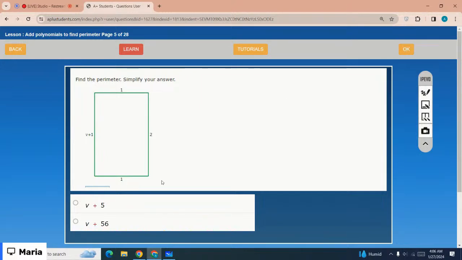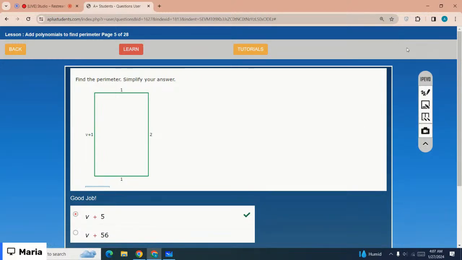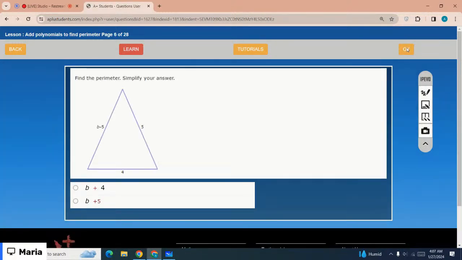Option number 1 is the correct option. Find the parameter, simplify your answer.